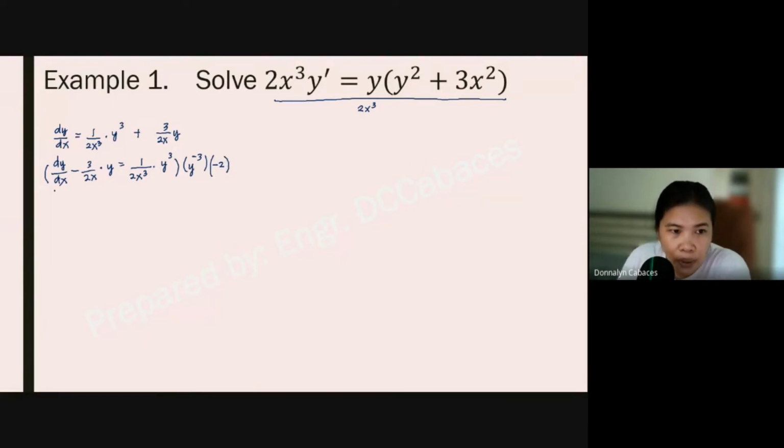So multiplying, we now have negative 2 y to the negative 3 dy with respect to x, then negative 3 over 2x times negative 2, so that is positive 3 over x times y to the negative 2 is equal now to 1 over 2x cubed over negative 2, which is negative 1 over x cubed.